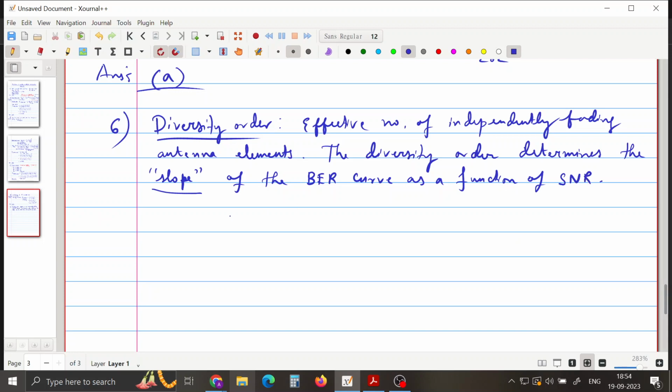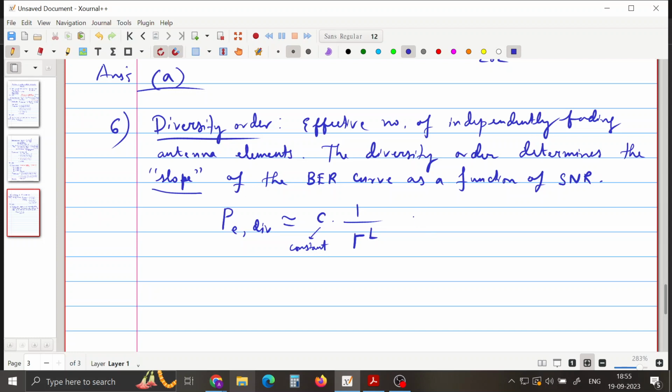So remember, Professor David had discussed all this. Your probability of error in diversity is something like this form: some constant c times 1 divided by gamma to the power L. So SNR to the power L. So there is an exponential decay with the diversity order of the bit error rate.